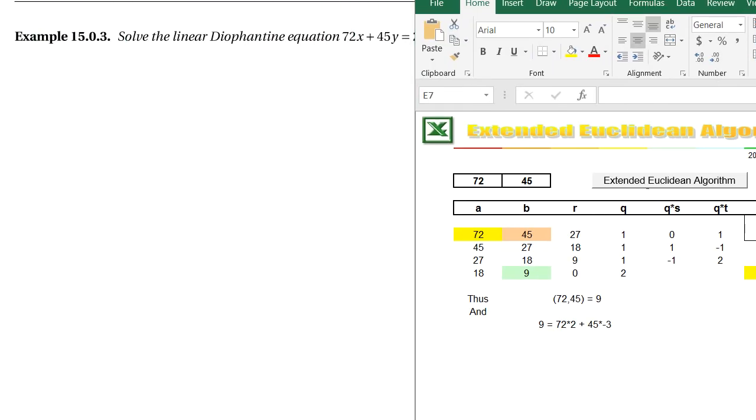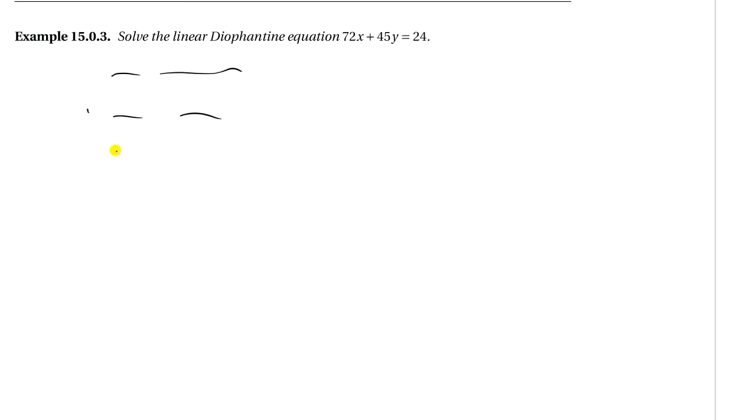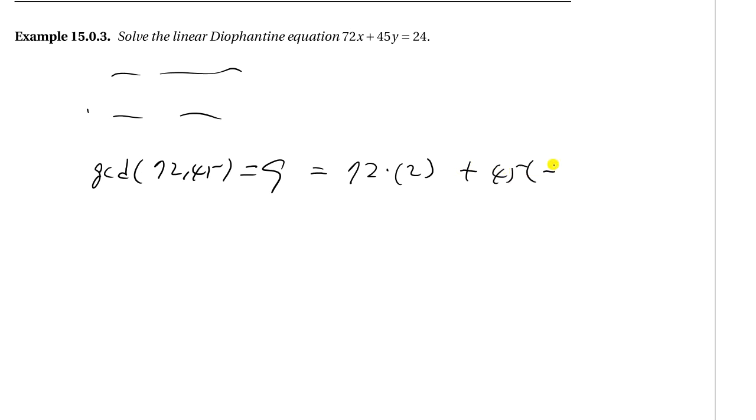So after you do all that kind of table, we are going to get the greatest common divisor of 72 and 45 is 9. And that 9 can be written as 72 times 2 plus 45 times -3. Okay, good. But is that greatest common divisor 9 a divisor of 24? It's not, right?